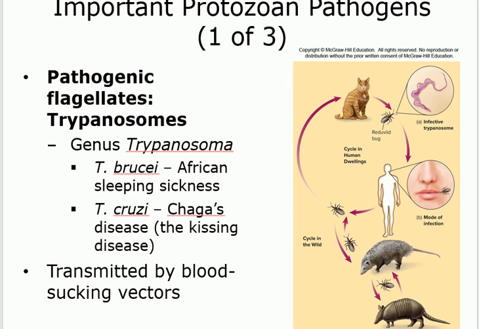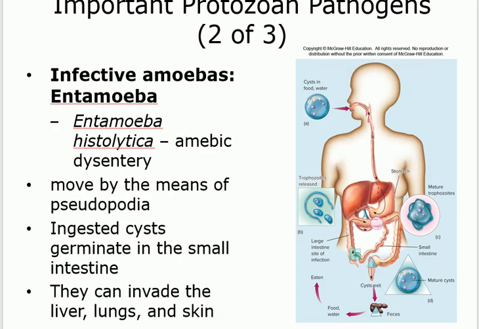They use flagella. Trypanosoma use flagella and are transmitted by blood-sucking vectors, whatever the vector is. Next time. Remember that we're classifying according to what?